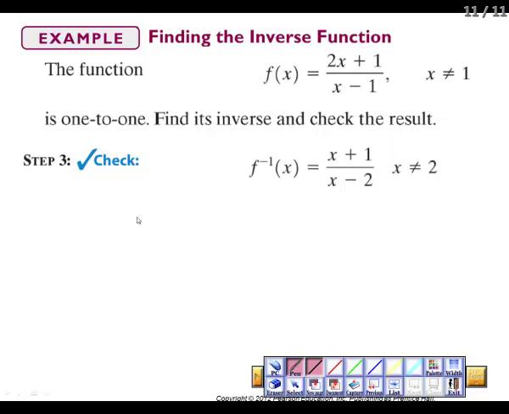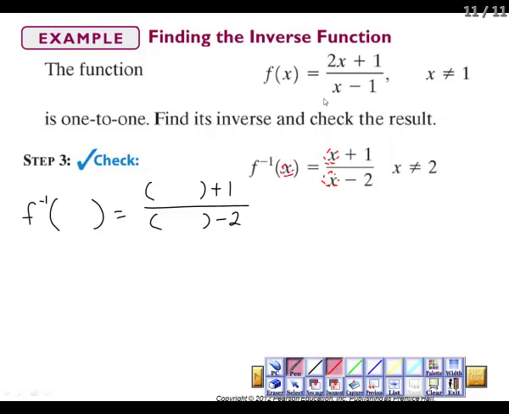We're going to put in f inverse, and we're going to cut that x out of each one of these x's and put parentheses there. So where that x is, we put parentheses, plus 1 over, and where that x was, we put parentheses, minus 2.